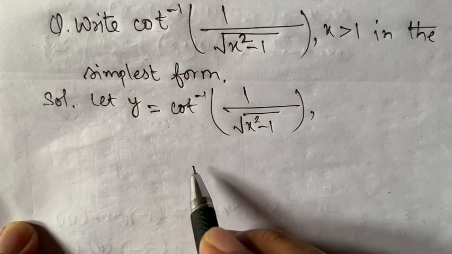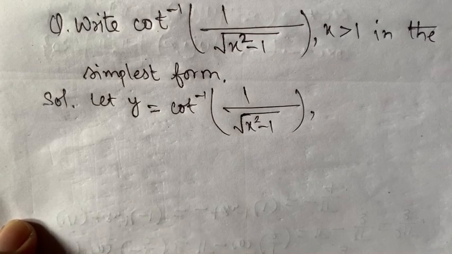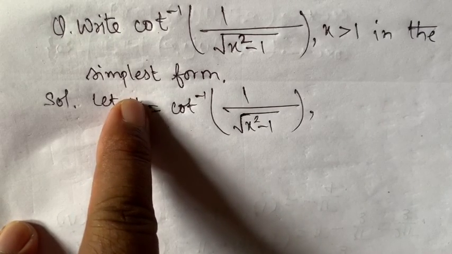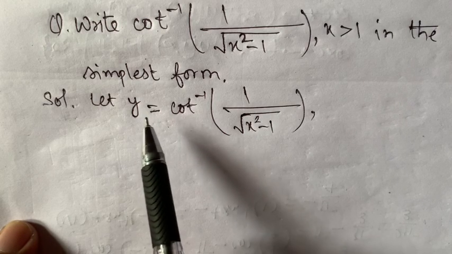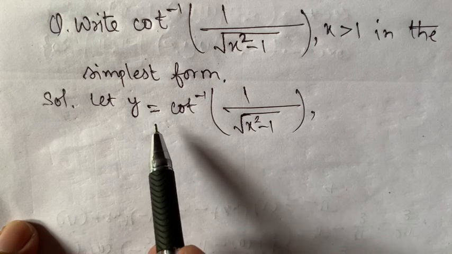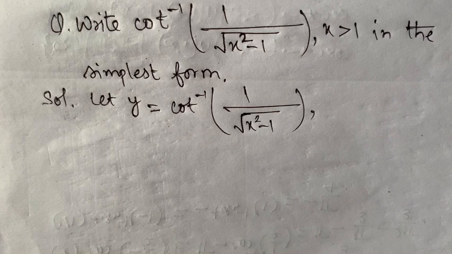Now we will put something so that it gets reduced to some trigonometric form. This is a simplifying type question, and the previous question we have attempted was also expressing the given expression in the simplest form. Then what is the difference between them? Can you understand the difference between these two questions?